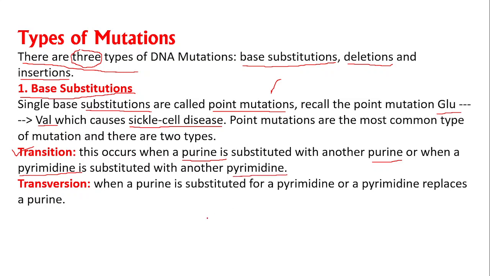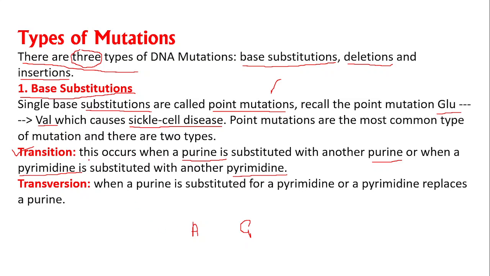If A, adenine, which is a purine, is substituted by G, both are purines here. If A is substituted by G or G is substituted by A, then that type of mutation is called transition mutation. Is that clear?